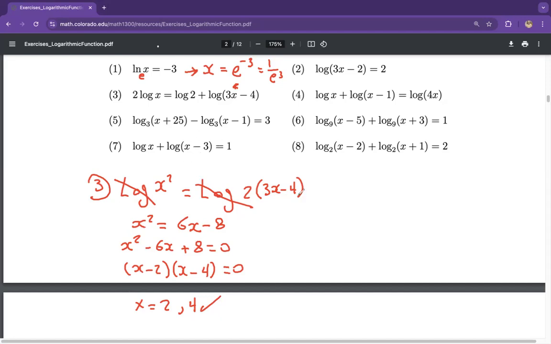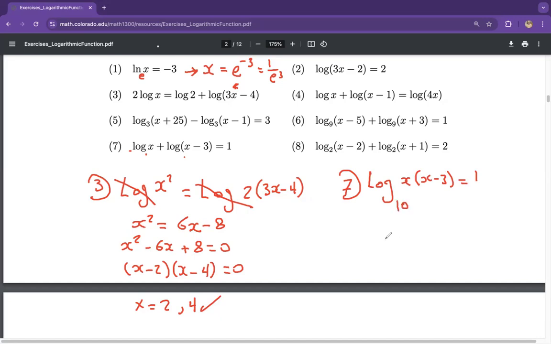Now I'm going to do another one, which is number 7. Number 7, I can combine these logs right away because there's nothing before them right here, and it's addition. So I'm going to go log x times x minus 3 equals 1. Now I need to change this to exponential form.